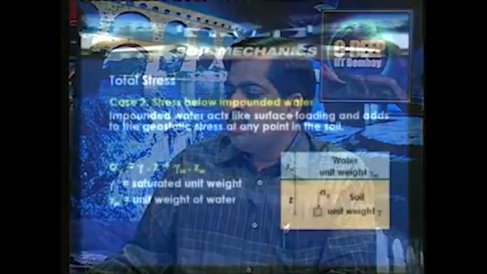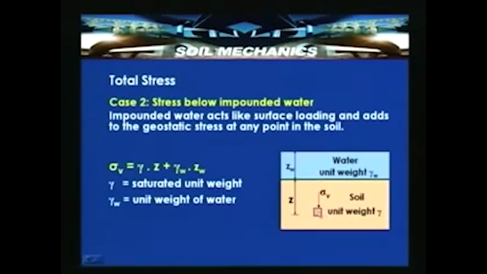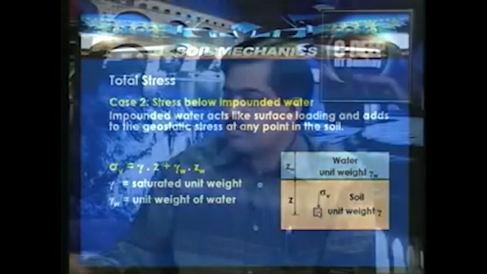So, the total vertical stress at a point Z below the ground surface is gamma Z plus gamma W ZW. Now, let us look into the example problem relevant to a ground surface with an impounded water.